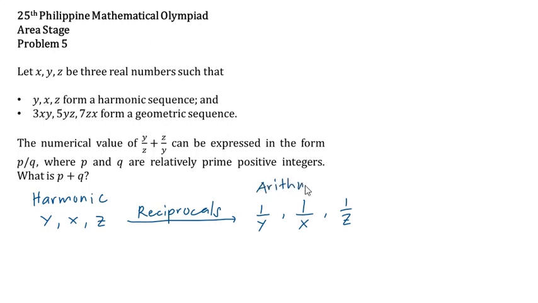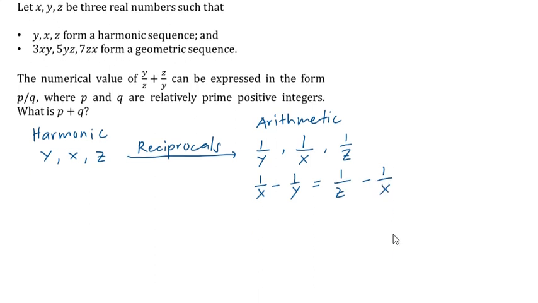And take note, an arithmetic sequence has a common difference. So if we subtract the first term from the second term, and then the second term from the third term, the result is the same. So we can say that 1 over x minus 1 over y is equal to 1 over z minus 1 over x.